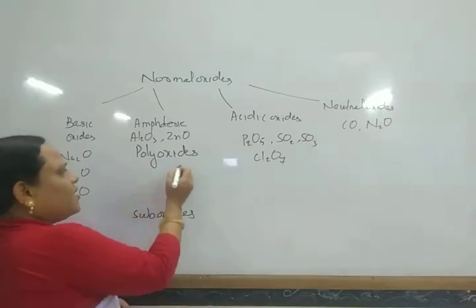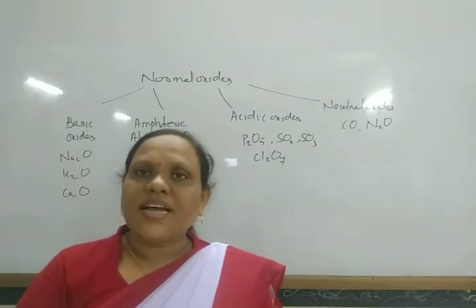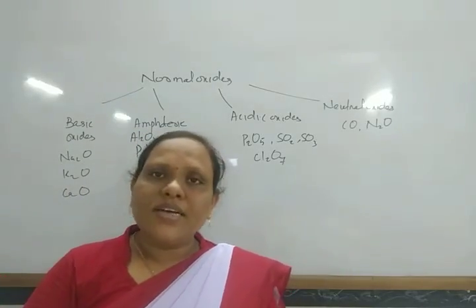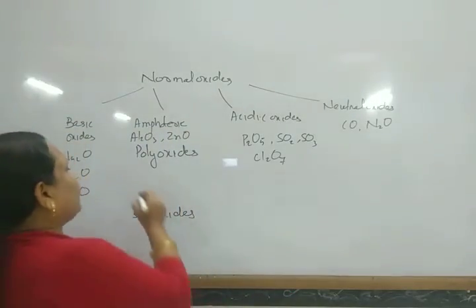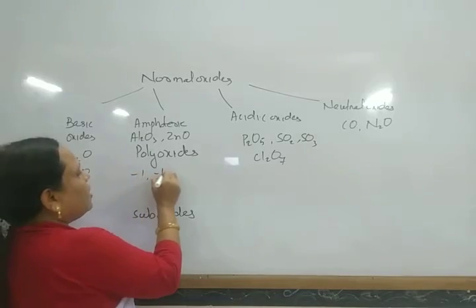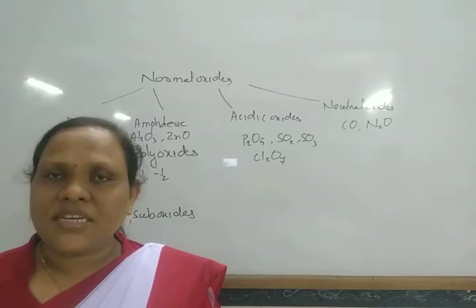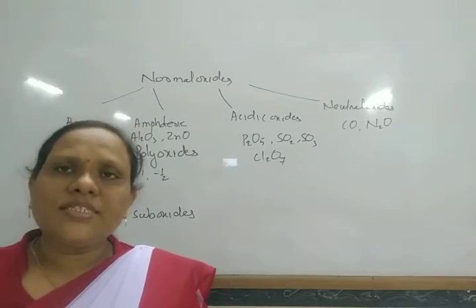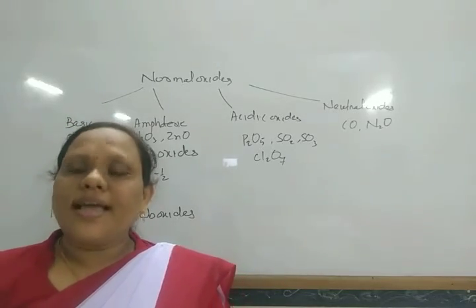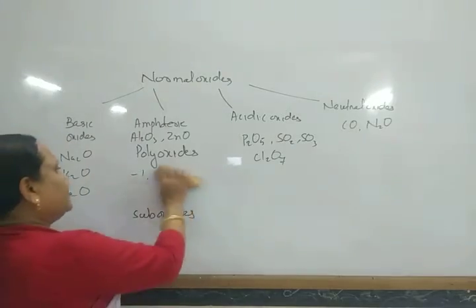Next, polyoxides. In polyoxides, the oxygen atom has a different oxidation state, that is -1 or -1/2. Here the compound contains more oxygen atoms than its normal valency, like hydrogen peroxide.